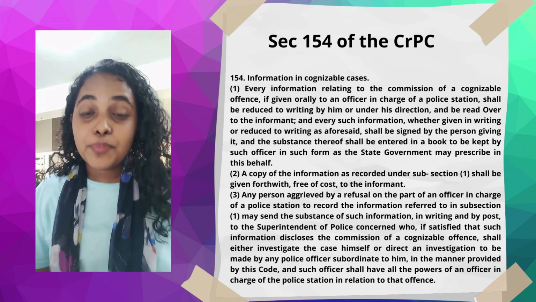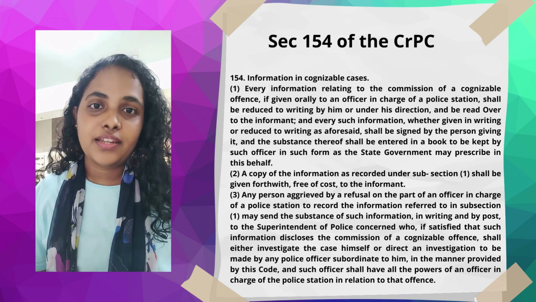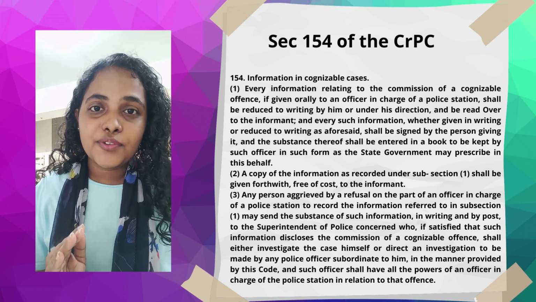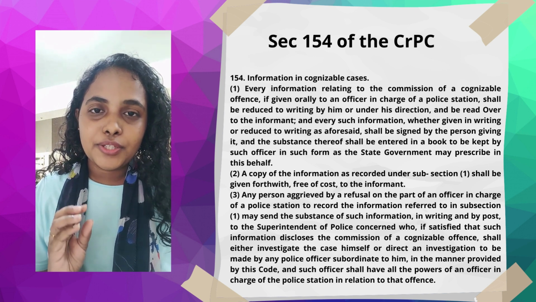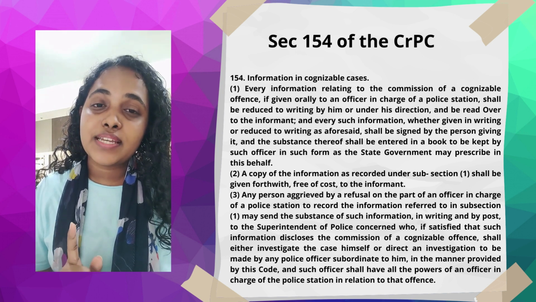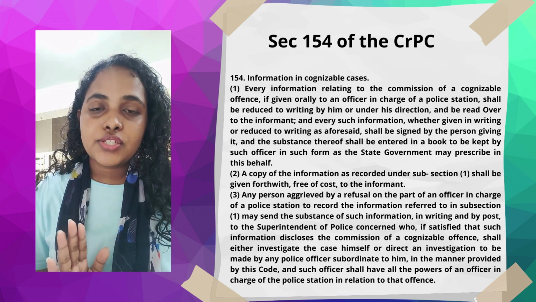So, if any police officer refuses to file your case, then what you have to do is take that complaint, make it in written form, and send it to the superintendent of police or the commissioner of police. Basically, this is what is generally followed.